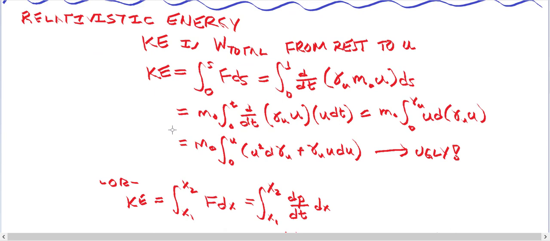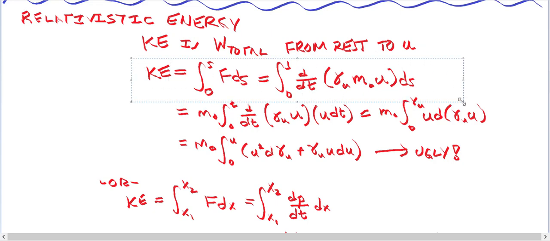Okay, so relativistic energy. In our approach, we're ignoring any potential energies, and so the kinetic energy is just the total work done from rest up to some speed u.